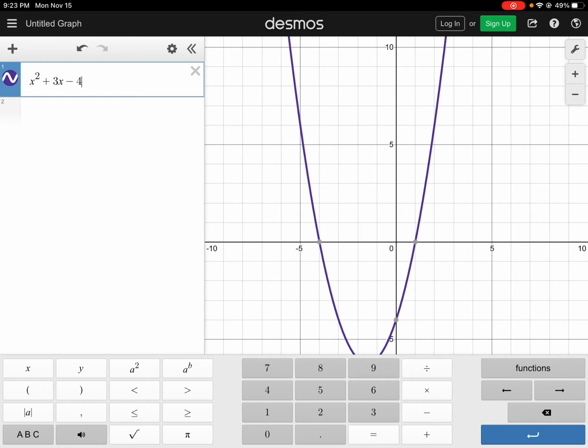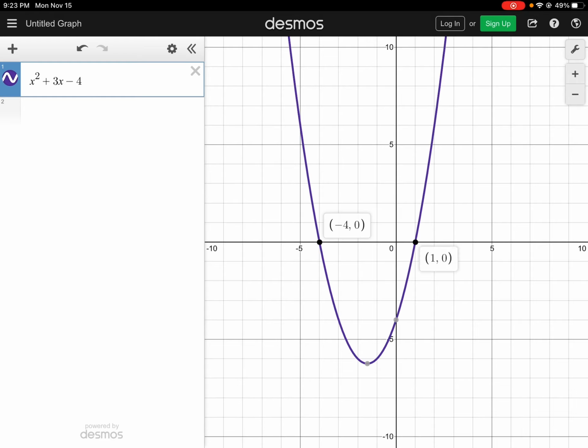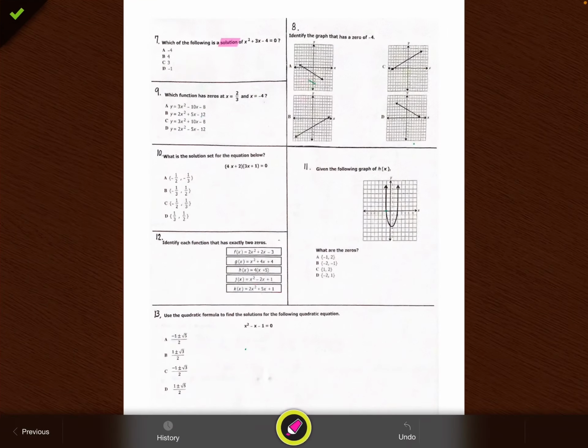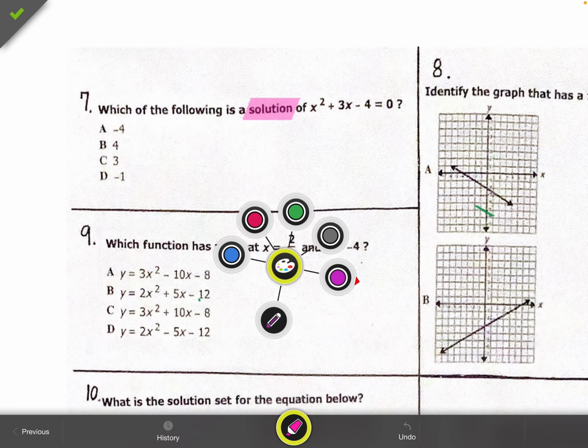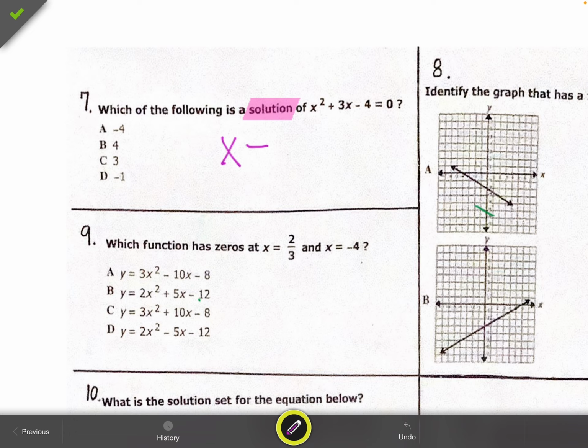Okay, there they are. So my solutions are -4 and +1. That's where it crosses the x-axis. So again, I strongly recommend you come over here or on your paper and write -4 and +1, then come over and find your answer.